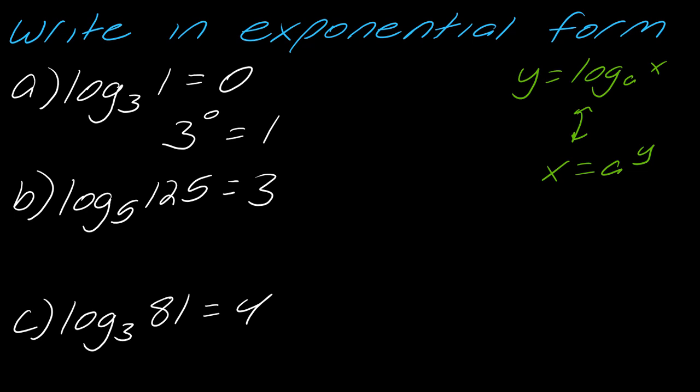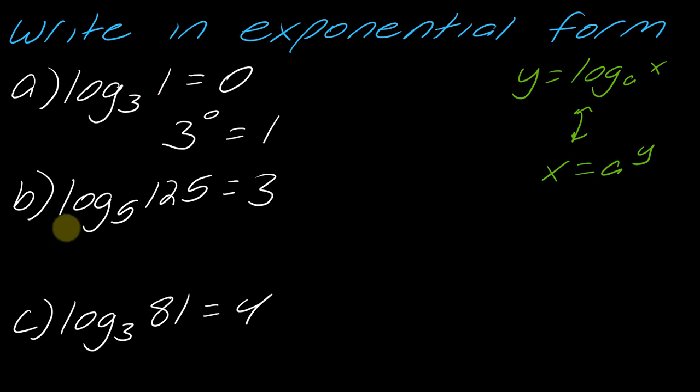The thing I want to point out is if you ever get stuck and you forget the definition, this is mathematically true. This is the only way you can really arrange these 3 numbers to make a mathematically true statement. So if you ever are not sure, just ask yourself, is what you wrote down true?